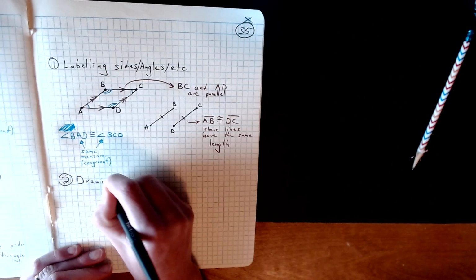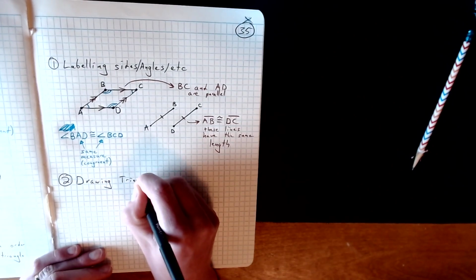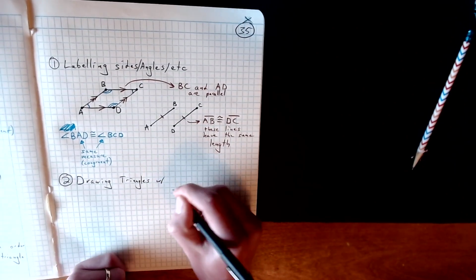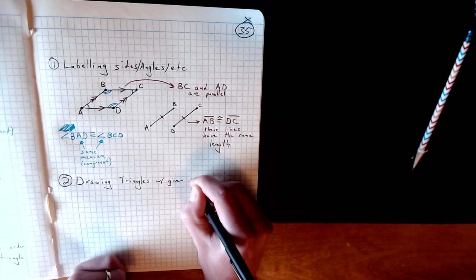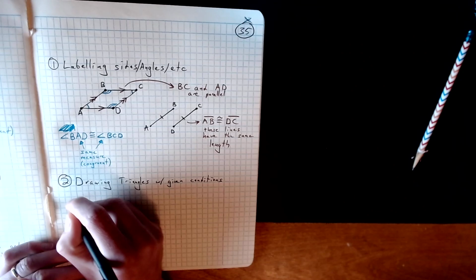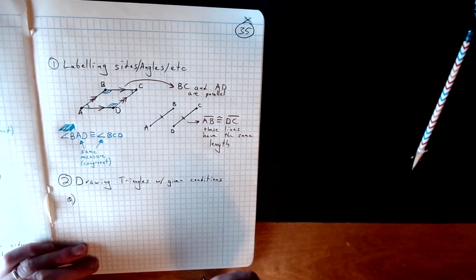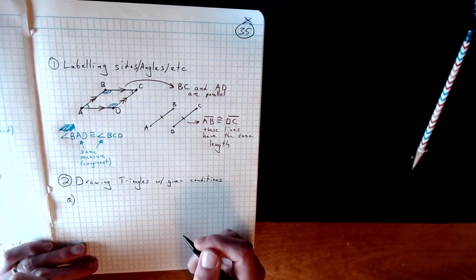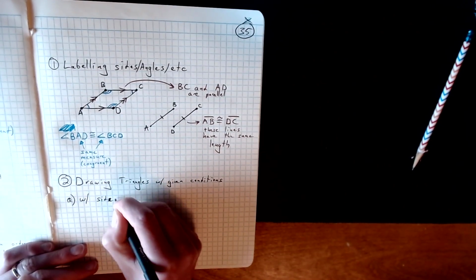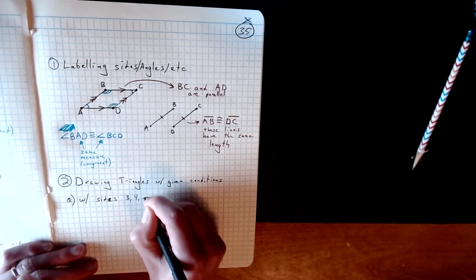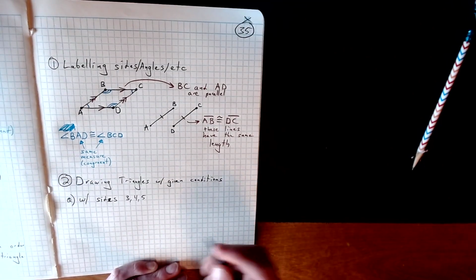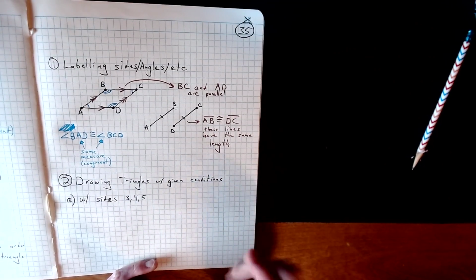We'll call this drawing triangles with given conditions, which is basically like saying if they give you, let's use an example, what if we want to draw a triangle with sides 3, 4, 5. This one's actually guaranteed to be a right triangle, but we don't need to worry about that now.